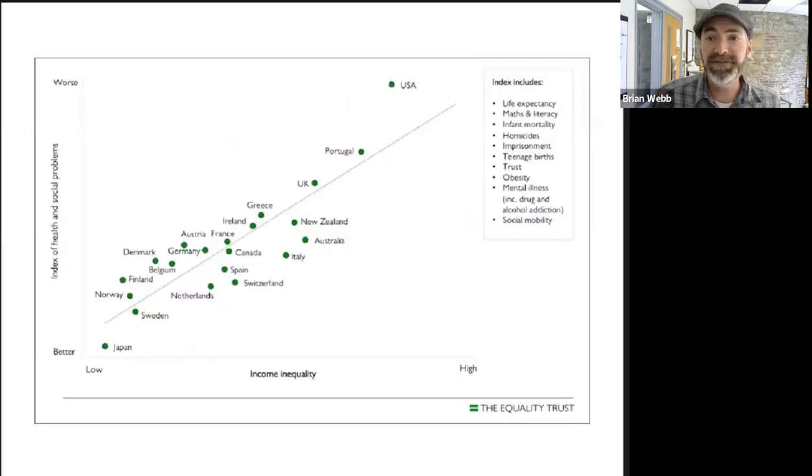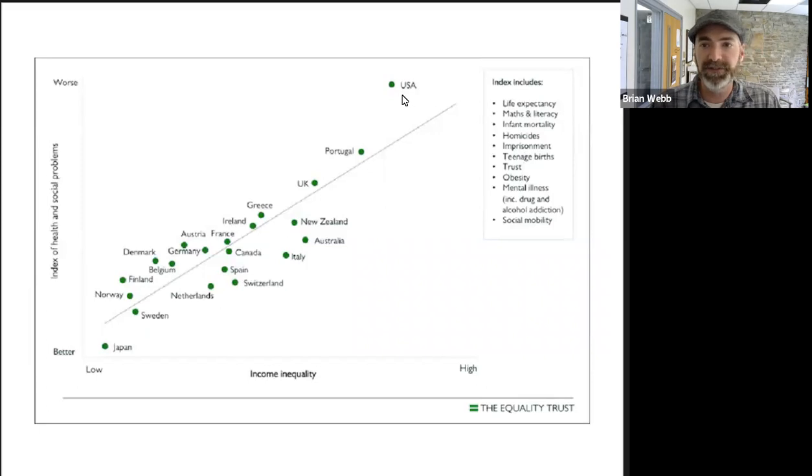In contrast, we do see significant correlations between income inequality and health and social problems that societies face. The more unequal a society is, the more health problems and social problems that society faces. And this is just a list of what's included in that index of health and social problems as well. All of these things go up as you have more inequality.